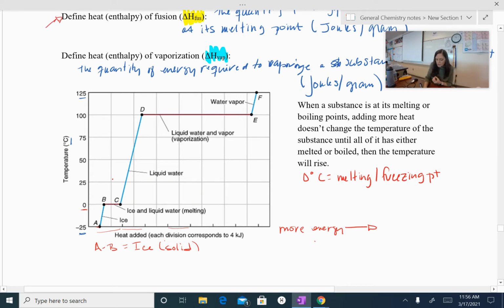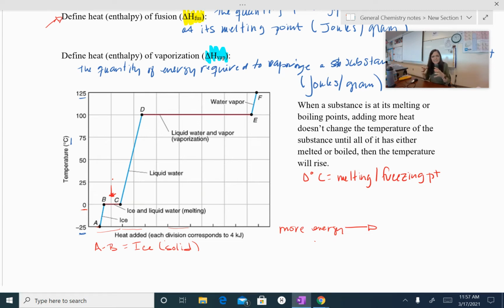So all the energy that we put in between B and C is actually breaking bonds of that crystalline ice structure, allowing those molecules, instead of vibrating around little points, to actually flow and move past each other.